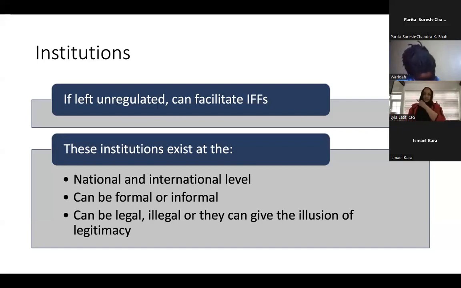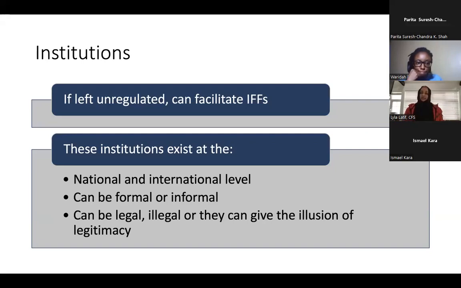Illegal institutions are those that are set up as part of the hidden or underground economy through which money laundering takes place. And the dark web interface is one such model that facilitates the existence of these illegal institutions.